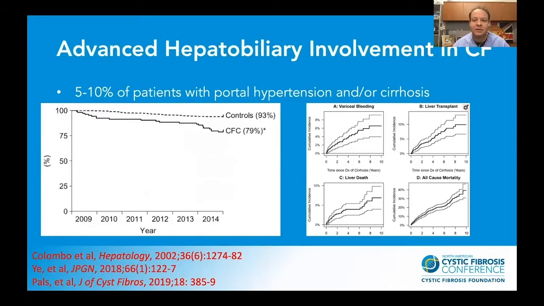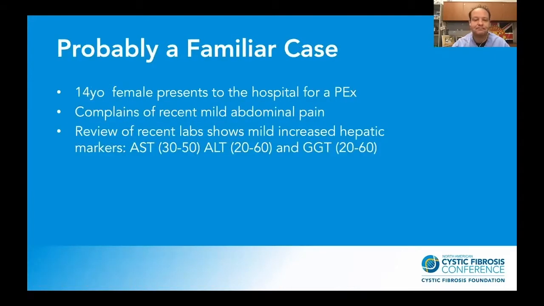And this data is mirrored by a Dutch population study that really looked at cumulative survival amongst controls versus those with CF-associated cirrhosis, and showed that survival was about 14% lower for all-cause mortality amongst those that had cirrhosis or advanced liver disease. So it's not just the liver that seems to be involved, but it really does seem to cause or be an independent risk factor for long-term mortality.